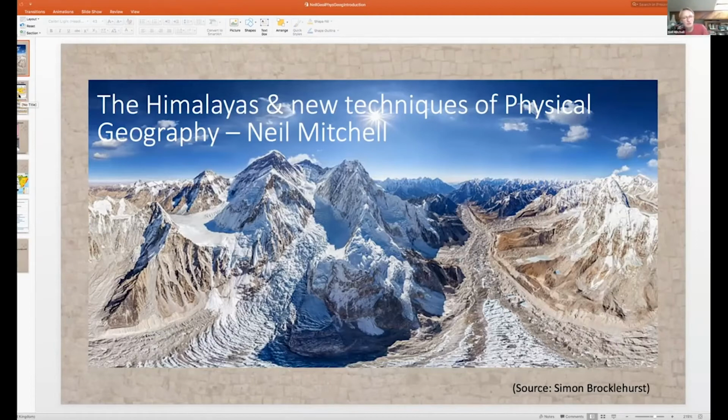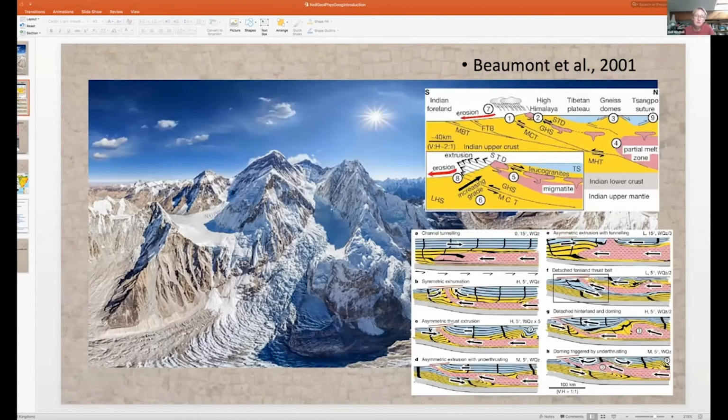Well, I was just talking about the Himalayas and how recording the erosion of the landscape is important to geology, because removal of all this material that gets carried down into India and eventually into the Indian Ocean removes weight on the landscape, and that allows the rocks to be pushed up.